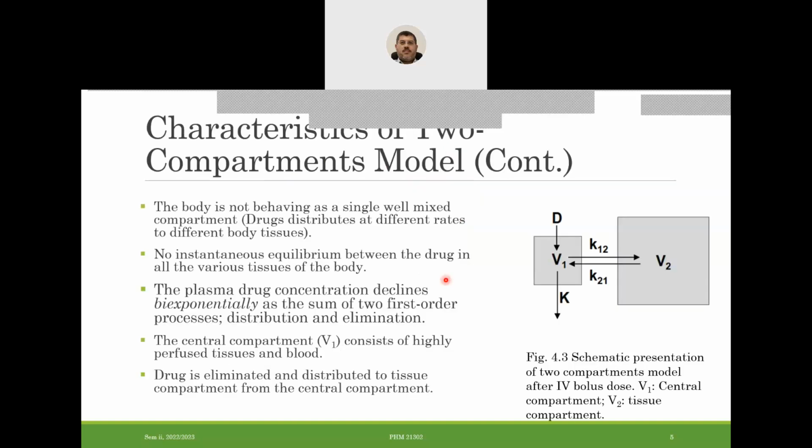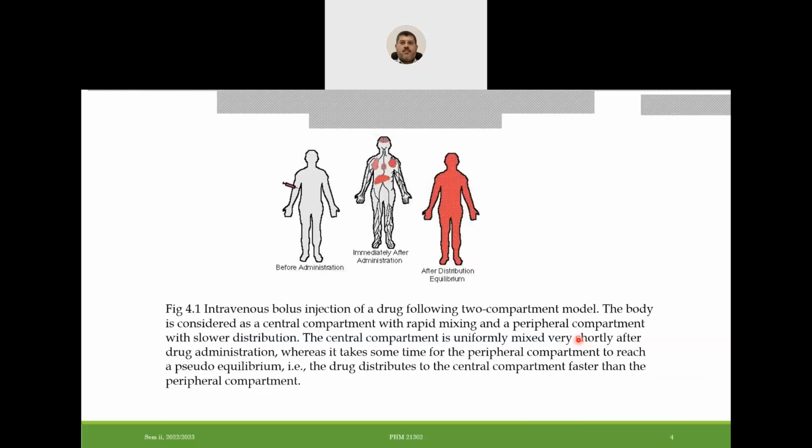So now we want to sketch the model. We want to draw a model to represent the pharmacokinetics of this kind of drug, and we should include in the model all the processes that affect the concentration of drug in the different compartments. First, we said divide the body into two compartments: the central compartment, including blood vessels and highly perfused tissues, not only blood vessels, and a second compartment that includes the peripheral tissues.